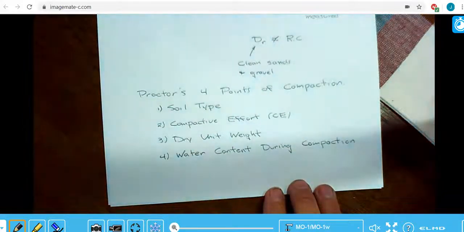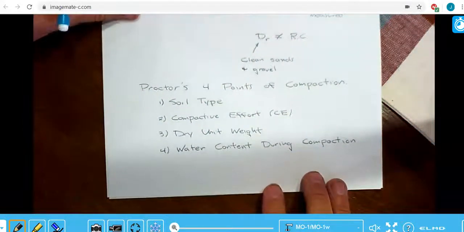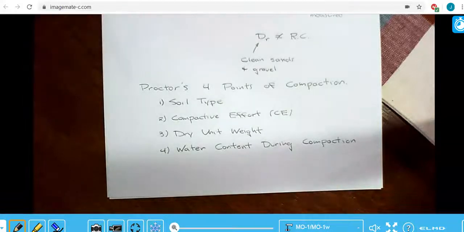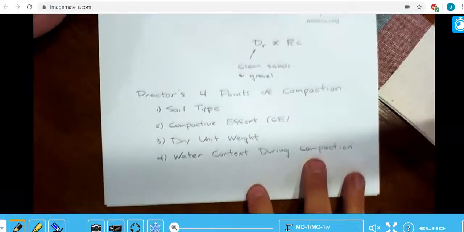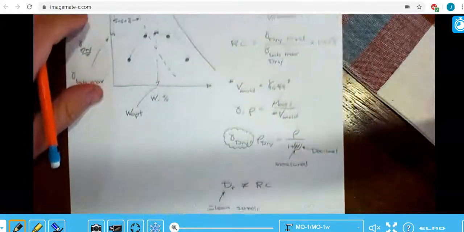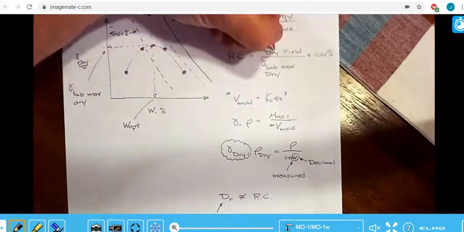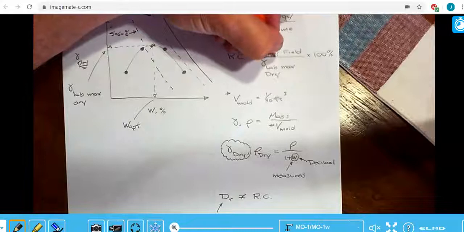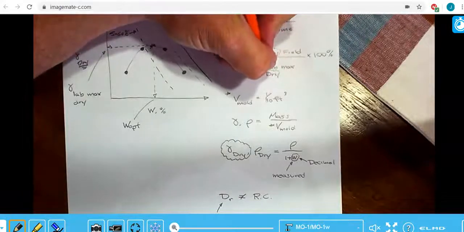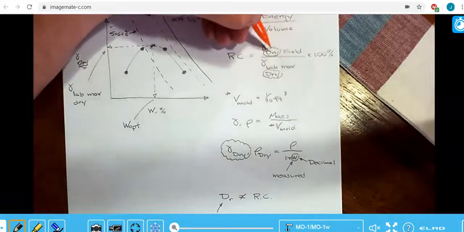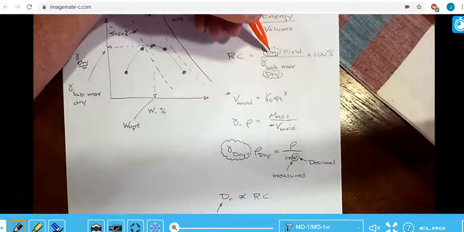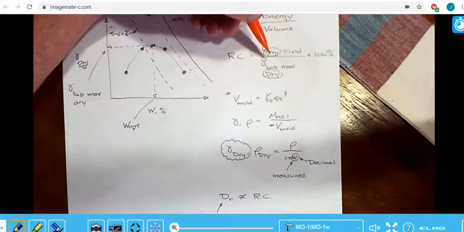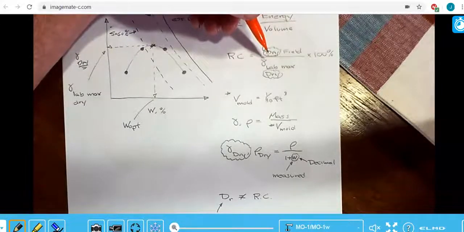And that's the reason, since the water content could change later, that when we're calculating relative compaction, we're looking at dry unit weight values and not total. Because the dry value correlates directly to the void ratio, which the whole point of compaction is to reduce the void ratio and bring the particles in closer contact.